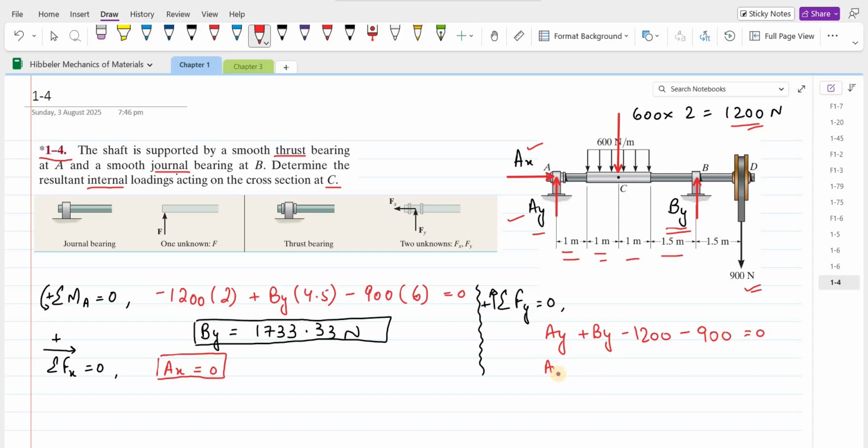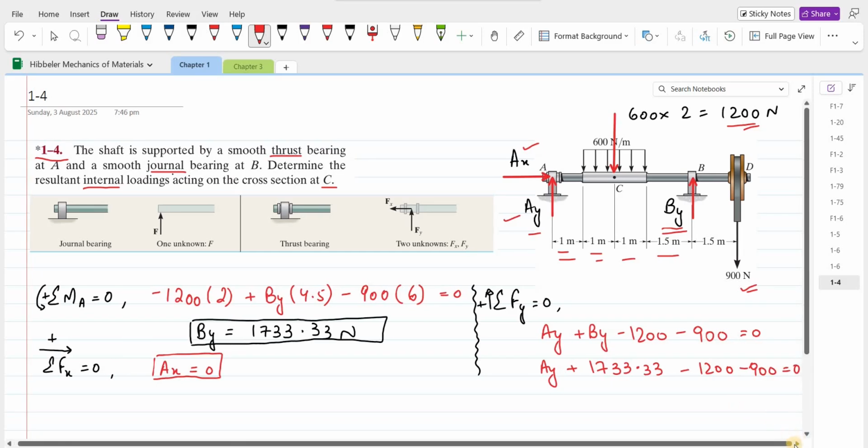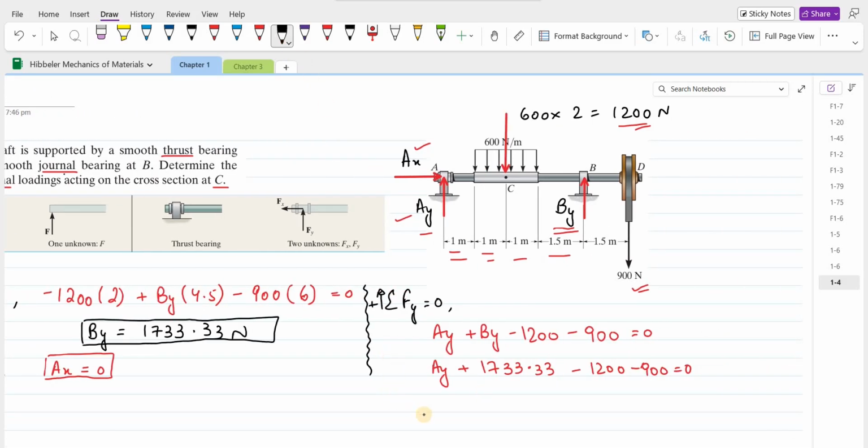So AY, and the value of BY is 1733.33 newtons, minus 1200 minus 900 equals 0. So upon simplification, AY comes out to be 366.67 newtons. So these are our support reactions.